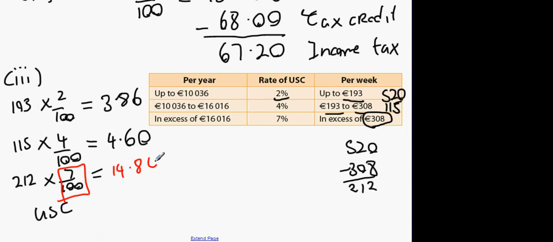Add them together and what you get? €23.30, okay? And that's our final USC bill. Remember, USC bills wouldn't be that big, like €150 per week. That's way too big, okay?